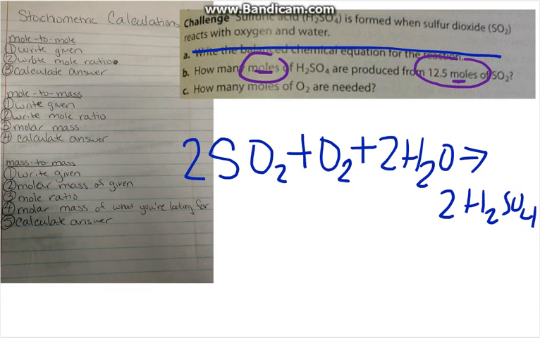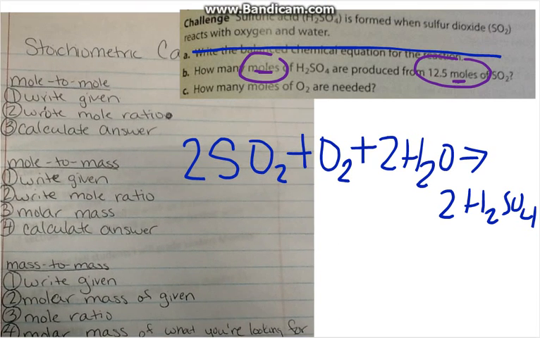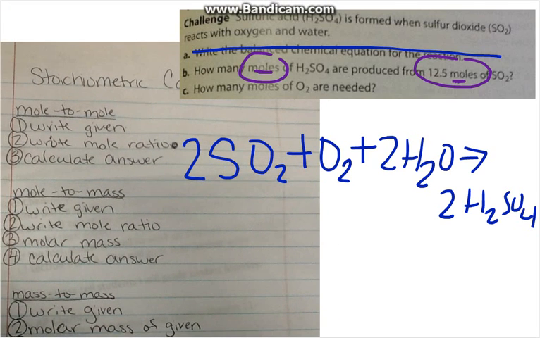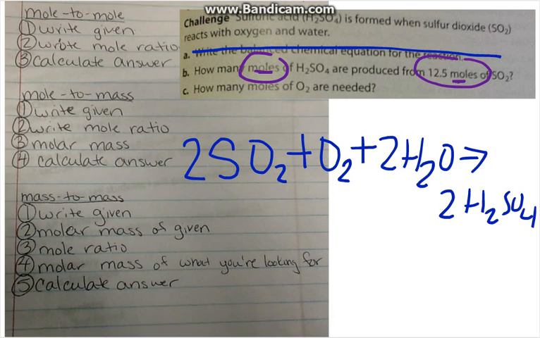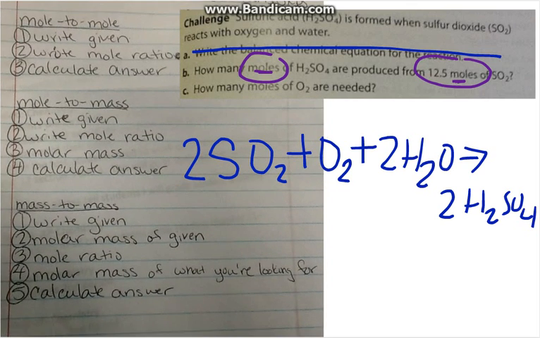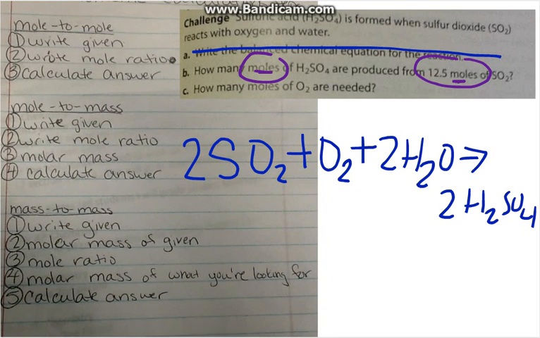looking over here at my steps, is it going to be a mole-to-mole, mole-to-mass, or mass-to-mass? Remember, you're given the word moles twice in your question. Mole-to-mole, or mole-to-mass, or mass-to-mass.